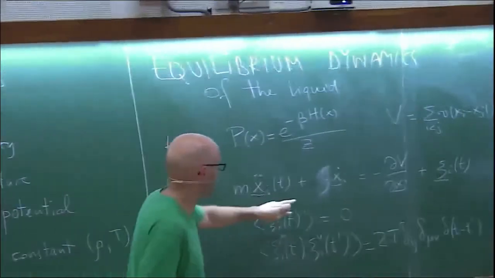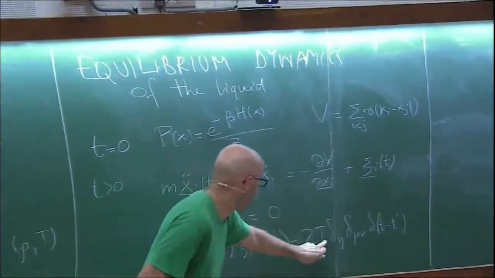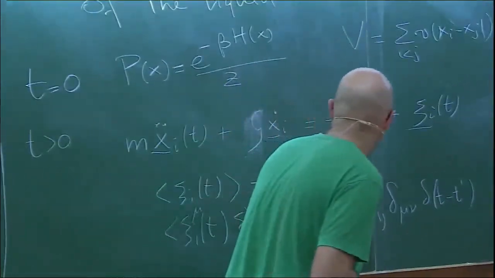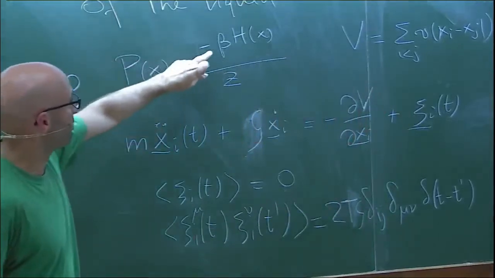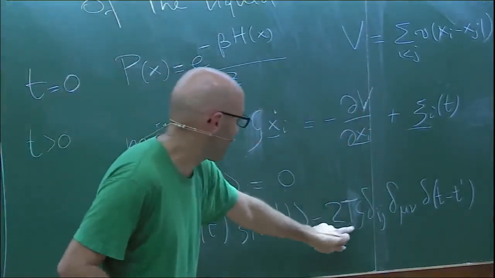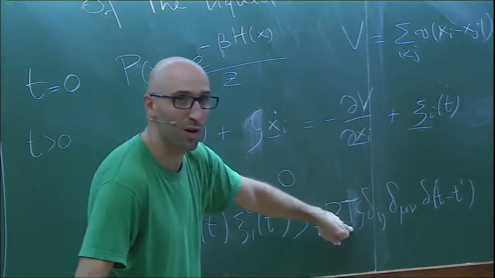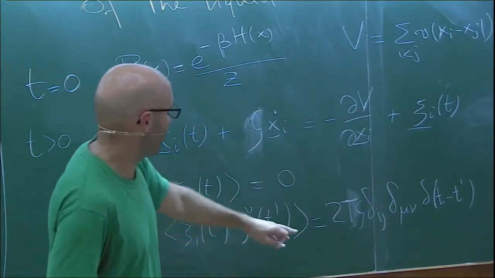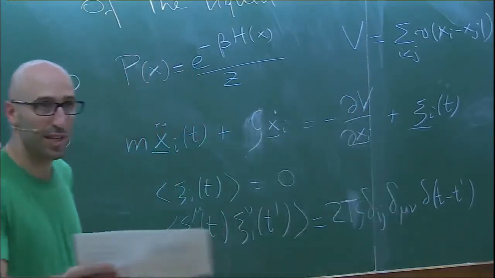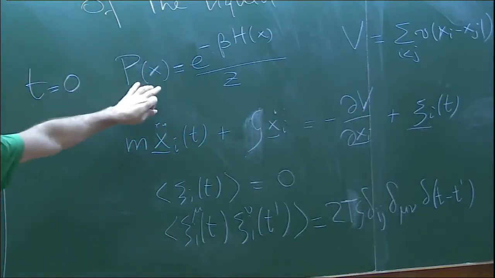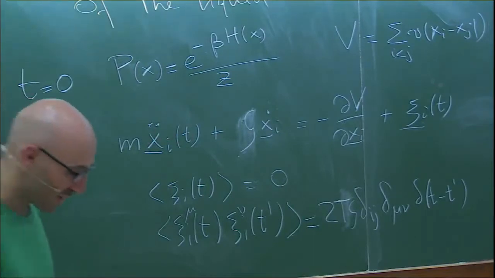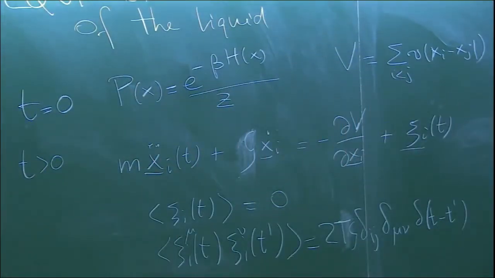Sorry, I forgot the friction. If you start in equilibrium at temperature beta, and the noise has the same temperature T equal to 1 over beta, then the system is going to stay in equilibrium at all times. So at any positive time, this is the correct distribution, but you would like to compute time-dependent properties.